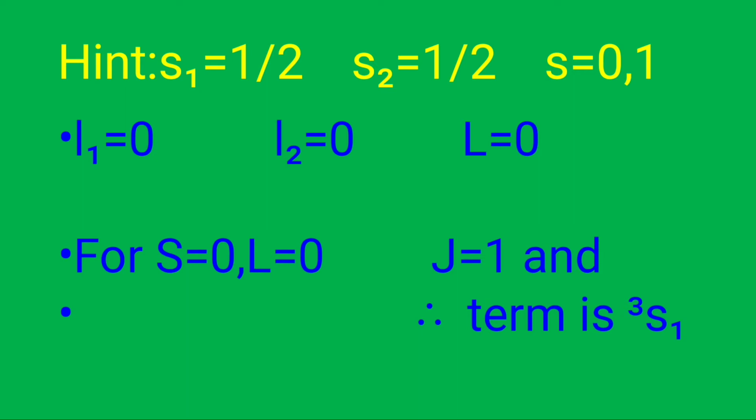From the problem, the given data are S1 equal to 1 by 2, S2 equal to 1 by 2, therefore S is equal to 0 and 1. Similarly, L1 equal to 0, L2 equal to 0, therefore L is equal to 0. For the value of S equal to 0, L equal to 0, J value is equal to 0, and for S equal to 1, J equal to 1, therefore the term is 3S1. Hence the answer B, 1S0, 3S1, is the correct answer.